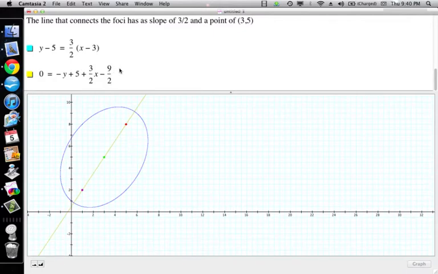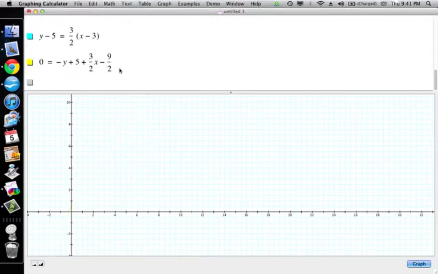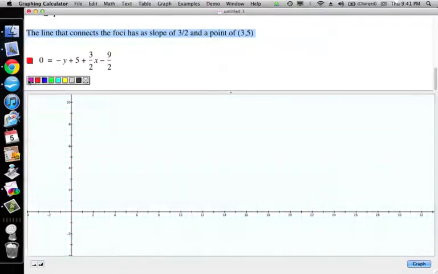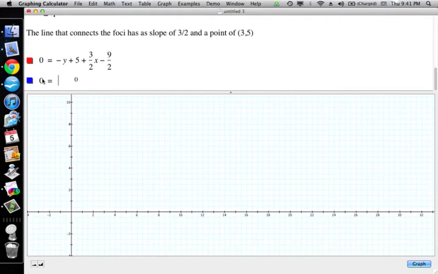Now I want to rewrite that as 0 equals negative 2y plus 3x plus 1.